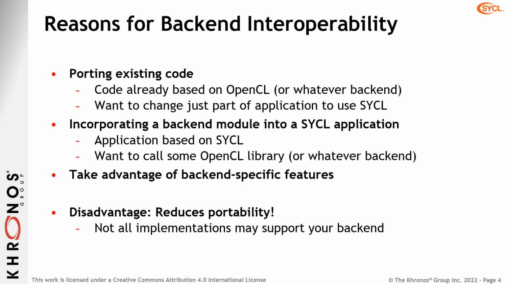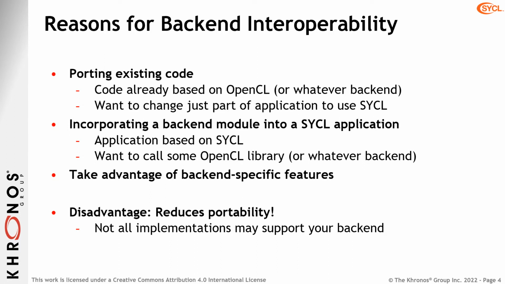Another possible use case is sort of the opposite. You may already have a SYCL application, but you might need to call maybe a third-party library that is backend specific. So in order to do this, again, you can use the backend interoperability in SYCL. The third reason that you might want to use the backend interoperability is to take advantage of some backend specific features, and we have an example of that later.